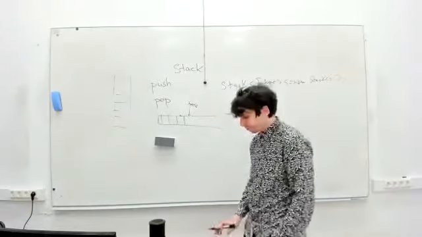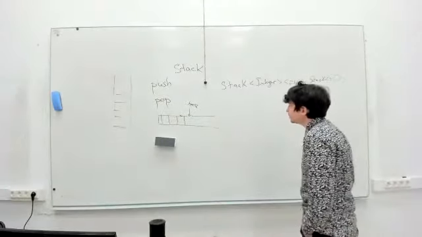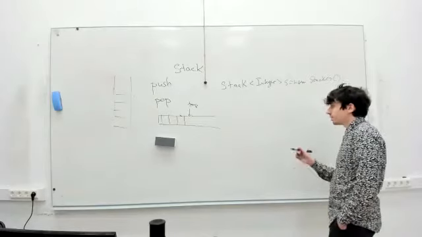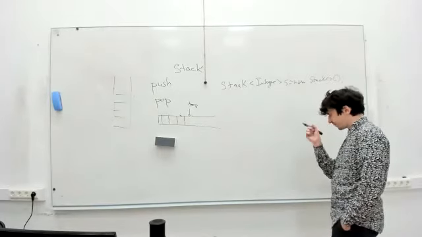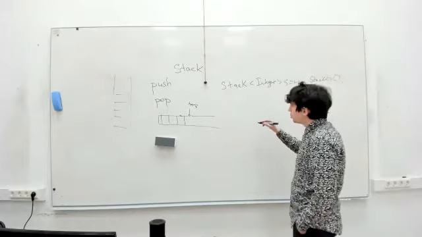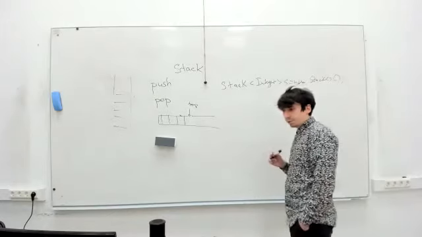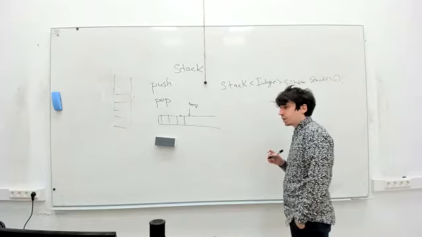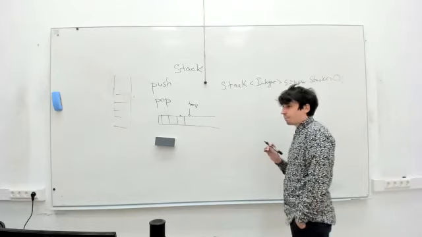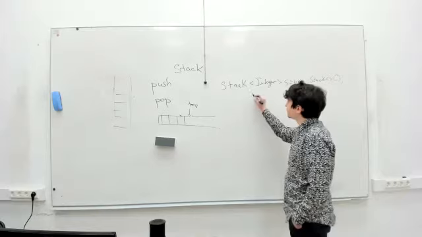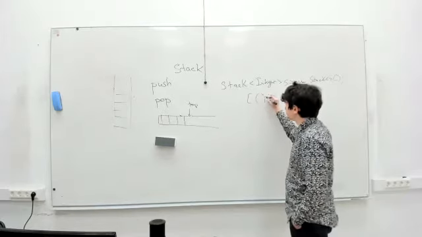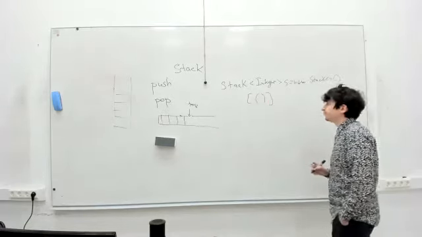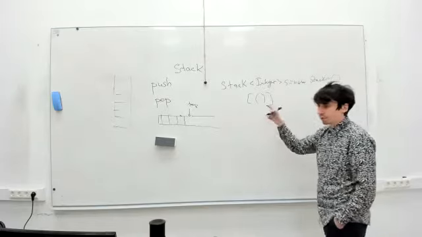So consider the problem. You're given a string of brackets of two types. So you have square brackets and you have round brackets.